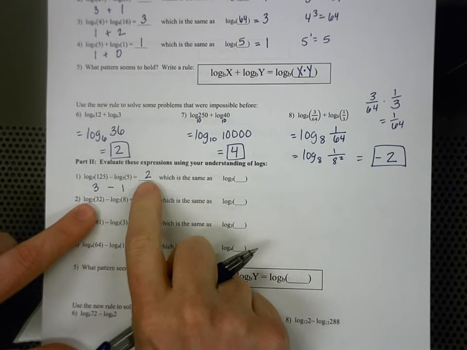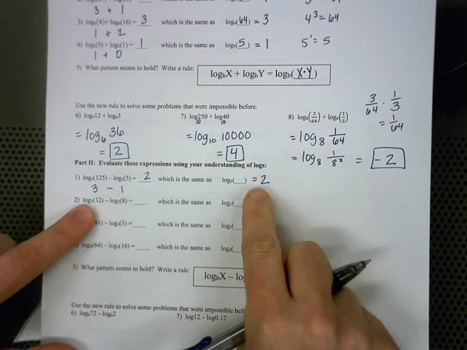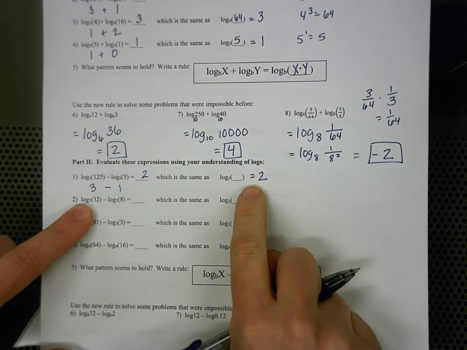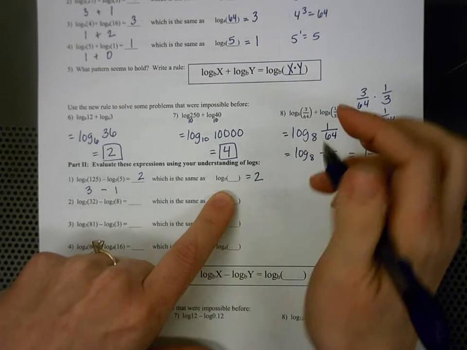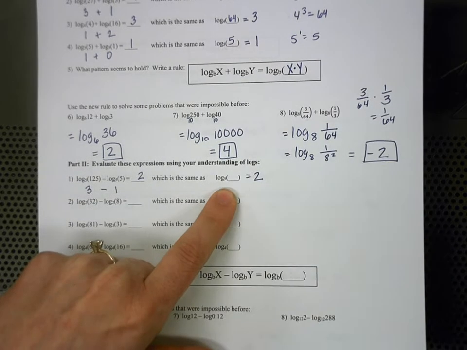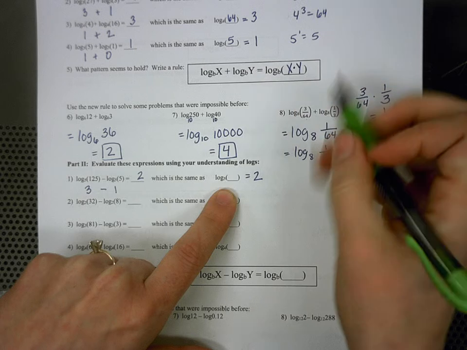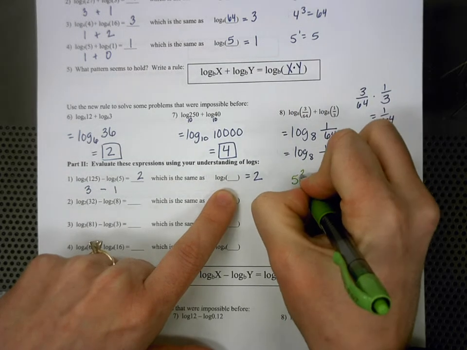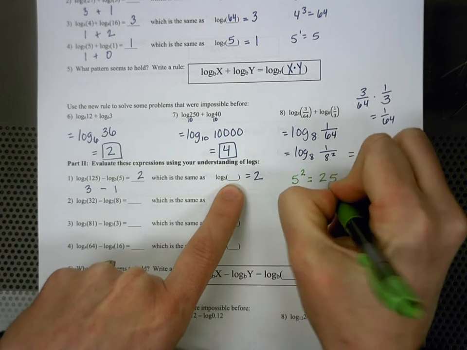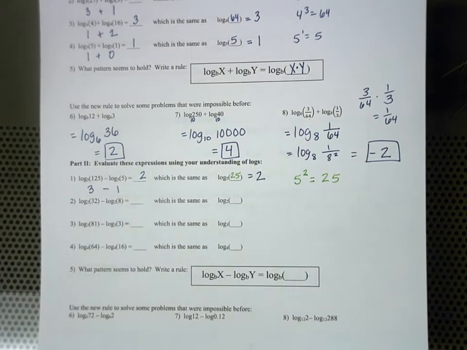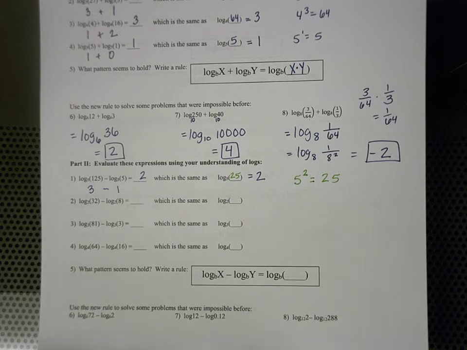Remember, that value tells you your exponent. So when you are figuring out what should go in the blank inside here, you should be raising 5 to the 2nd power in order to get whatever goes inside the blank, which in this case would be 25. Okay. And you should get matching values.